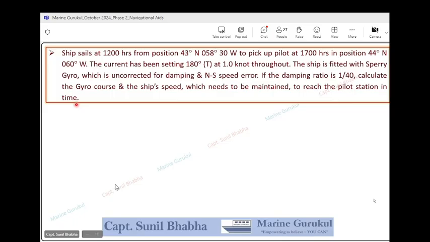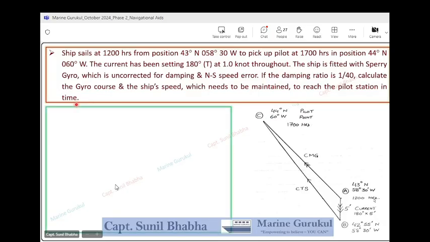That is, a current is involved here, course to steer, course made good is involved here. You need to reach a particular position, and it also involves the concepts of plane and parallel sailing. We would need to find out the courses and distances to get to our answer. So let's see how this question is to be solved.